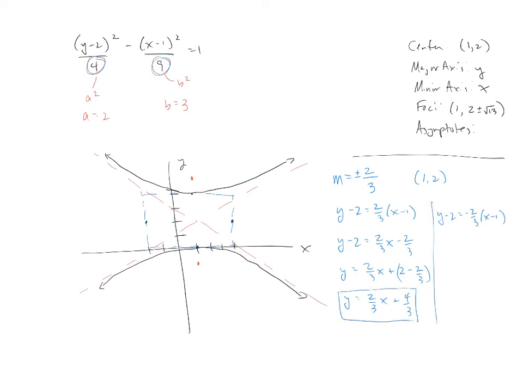And then over here, similarly, negative 2/3 x plus 2/3, plus 2 gives us a negative 2/3 x plus 8/3. So those are the equations of the asymptotes that we're looking for. I'm not going to copy them down again. They come right up here. But that's the information we're looking for when we graph a hyperbola.